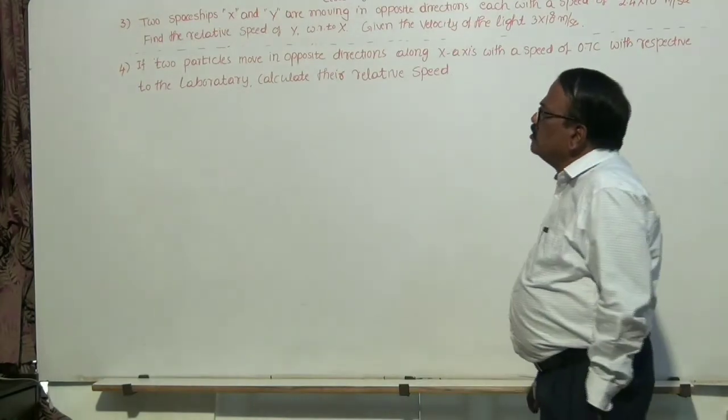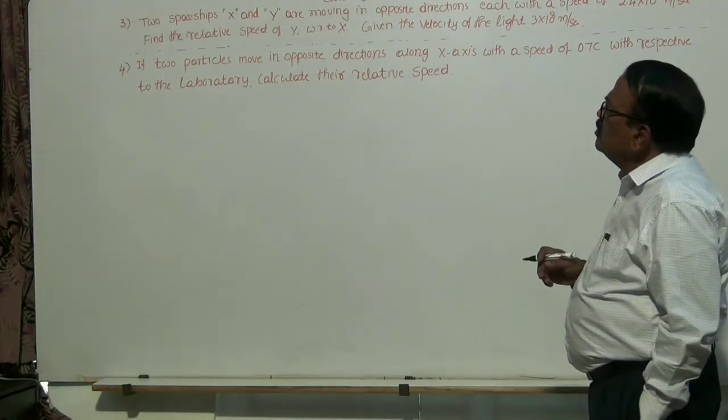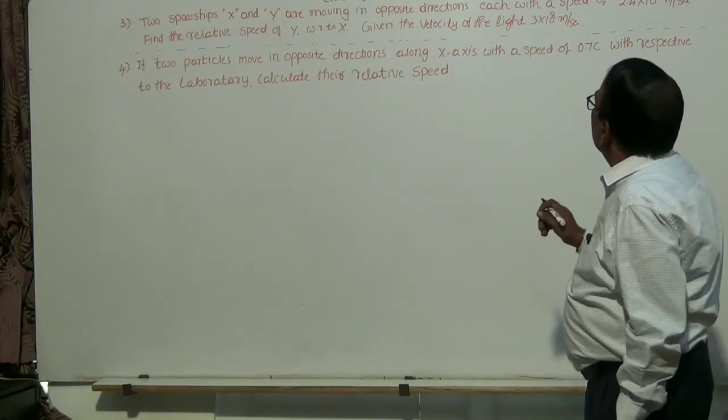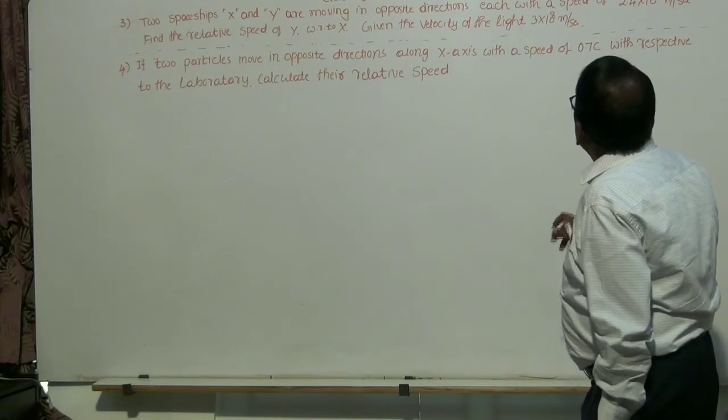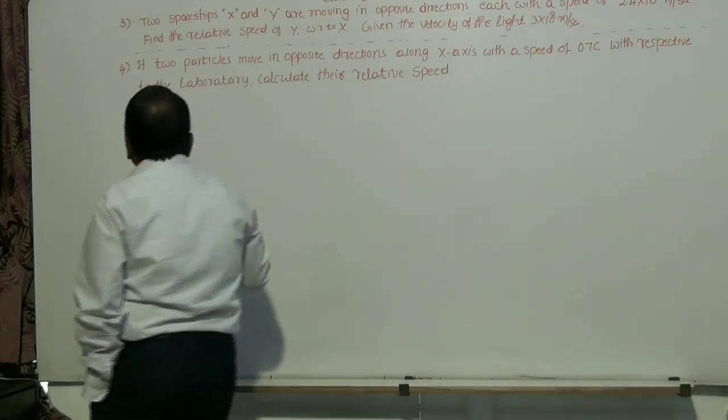Now let us solve this third example. Two spaceships X and Y are moving in opposite directions, each with a speed of 2.4 into 10 raised to 8 meter per second.